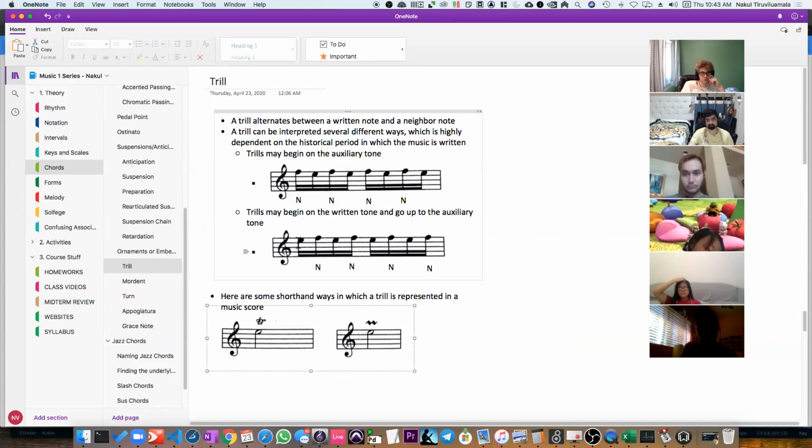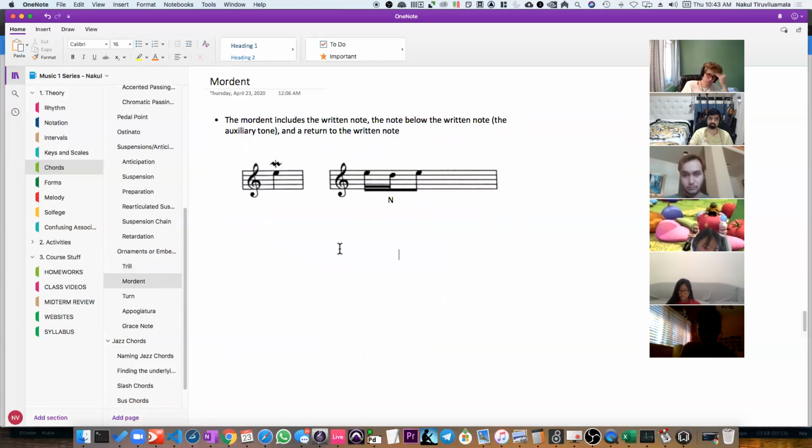Right? This is how a trill is notated. You'll see a little trill symbol, a little italicized trill, or you'll see this little wiggly thing, right? Great.